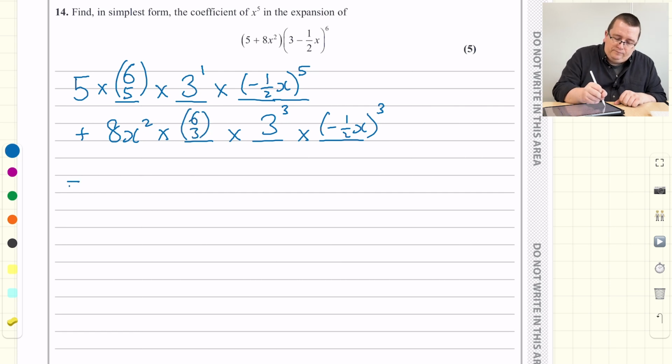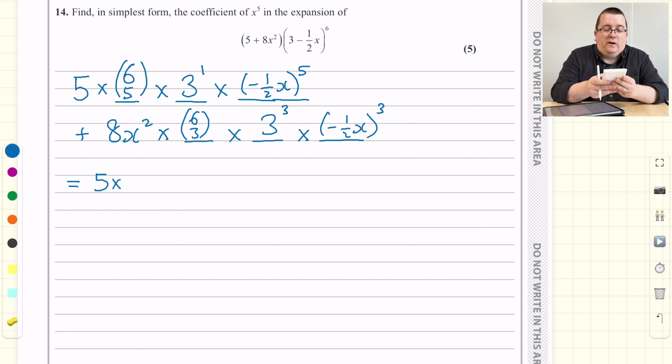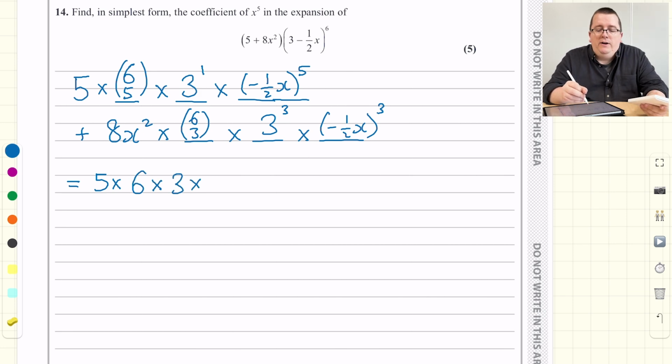Okay. So we have 5 times 6 choose 5, which is 6, right? So 6C5 is 6. 3 to the 1 is 3, times by minus 1/2 to the 5, which is minus 1 over 32, x to the 5.